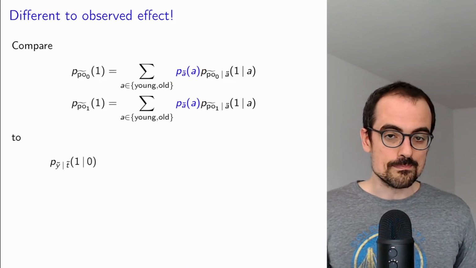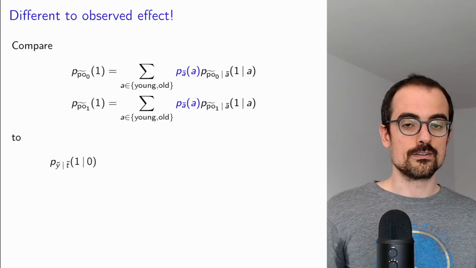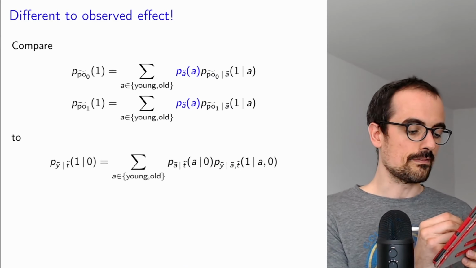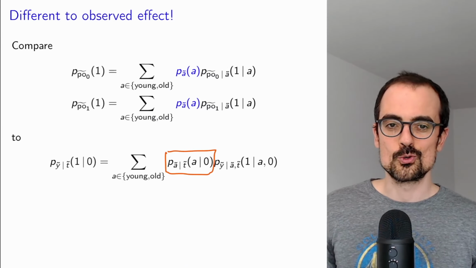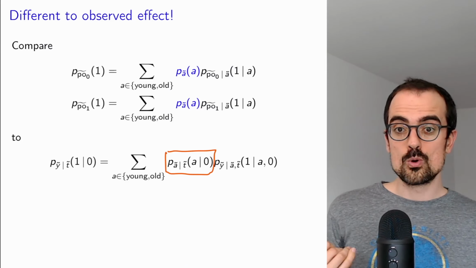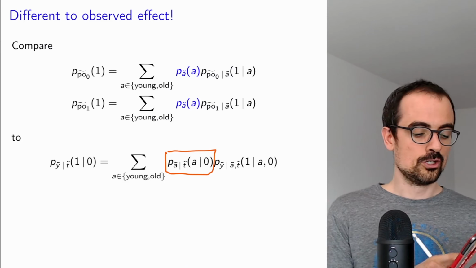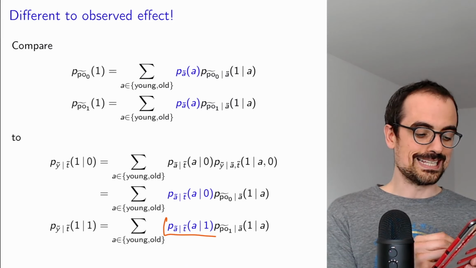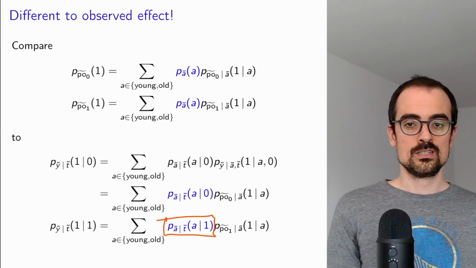Because if you remember, the observed probability of recovering given that you're in the control group is distorted by the fact that the probability of being young if you are in the control group is lower than in the general population. And the probability of being young if you're in the treatment group is higher than in the general population, and that is the problem. So what do?